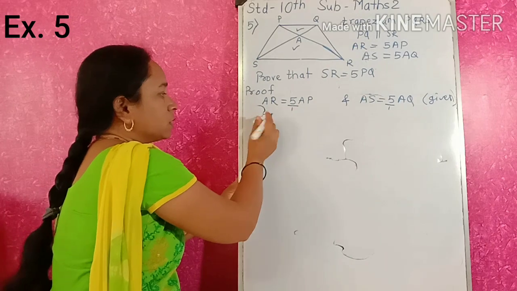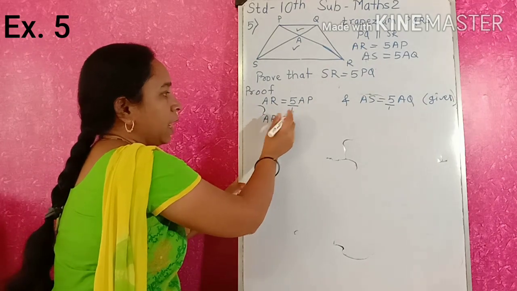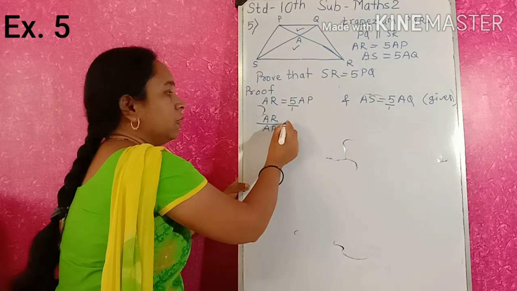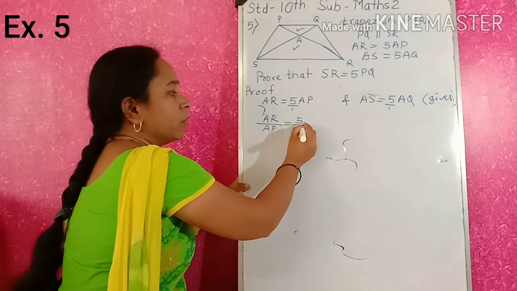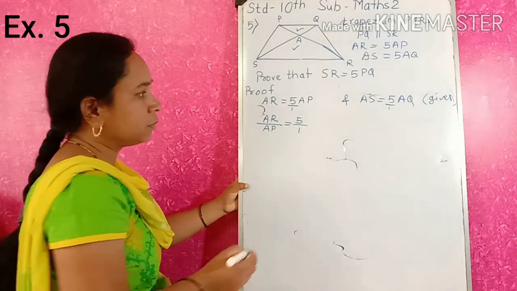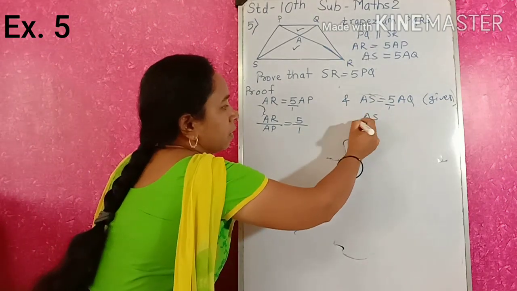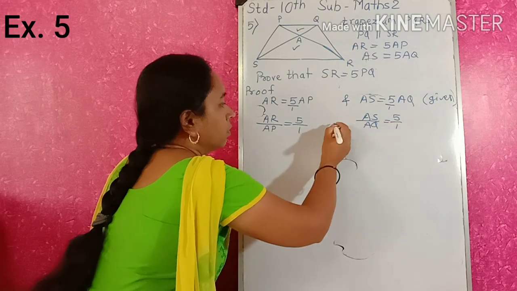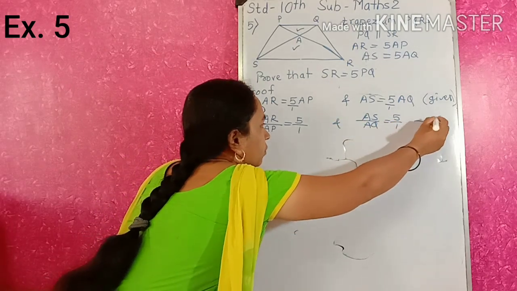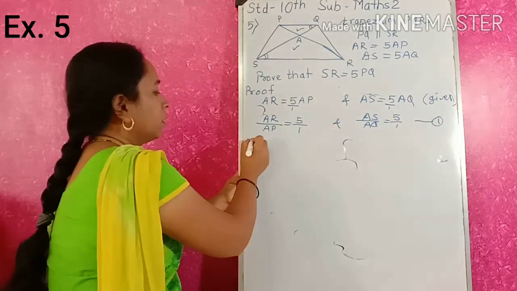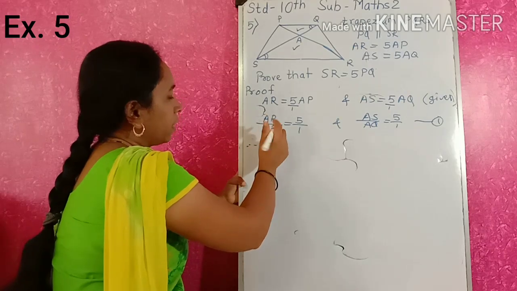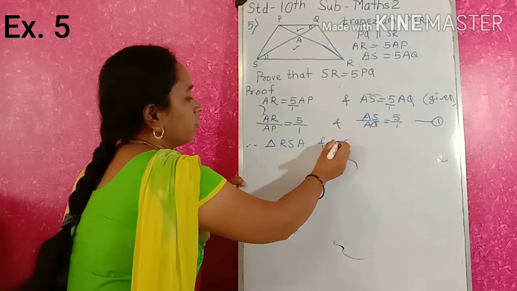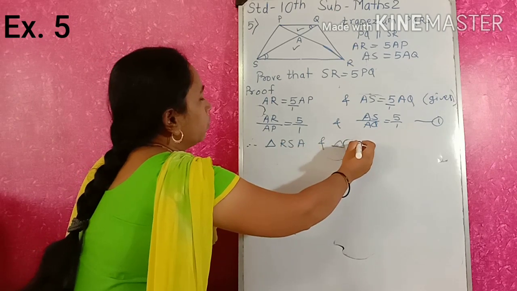AP is in multiplication, it will come here, so AR upon AP is equal to 5 upon 1. Similarly, AS upon AQ is equal to 5 upon 1. So this is first equation. Therefore, I'll consider the triangle RSA and triangle PQA.